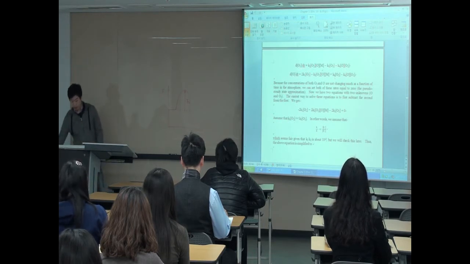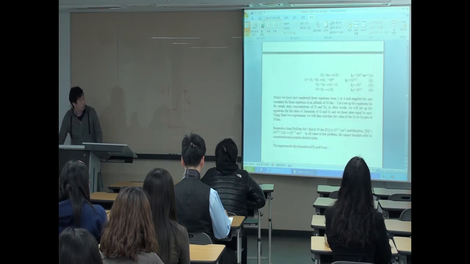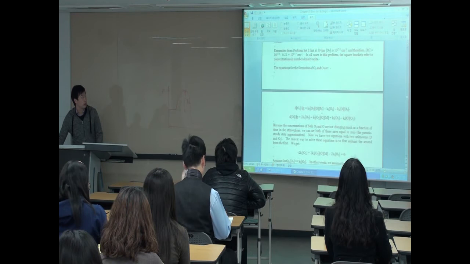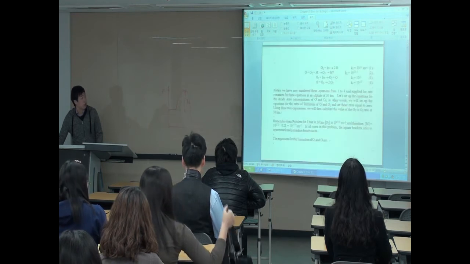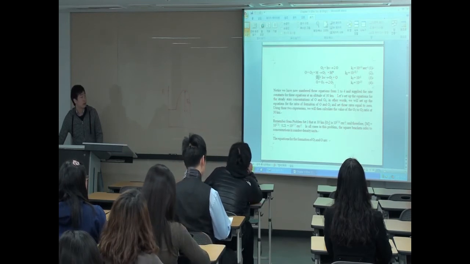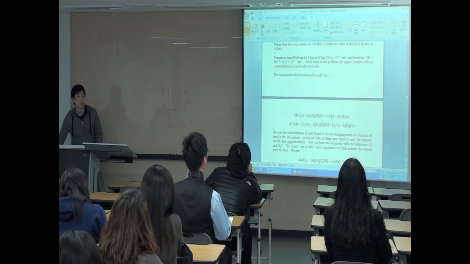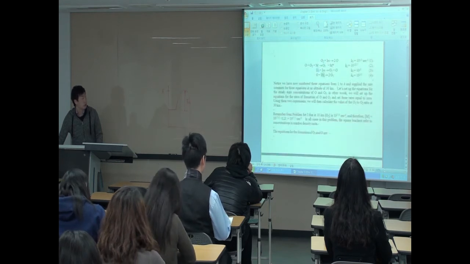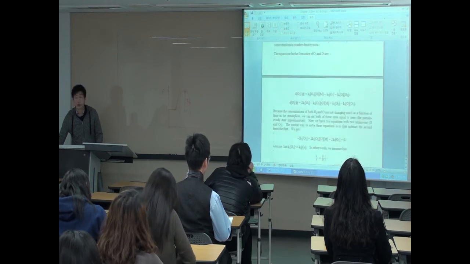O3 is made from O and O2, so you can see the production of O3 here. And here O3 is consumed, so there is a minus term. Also here, O3 is consumed, so here also there is a minus term.